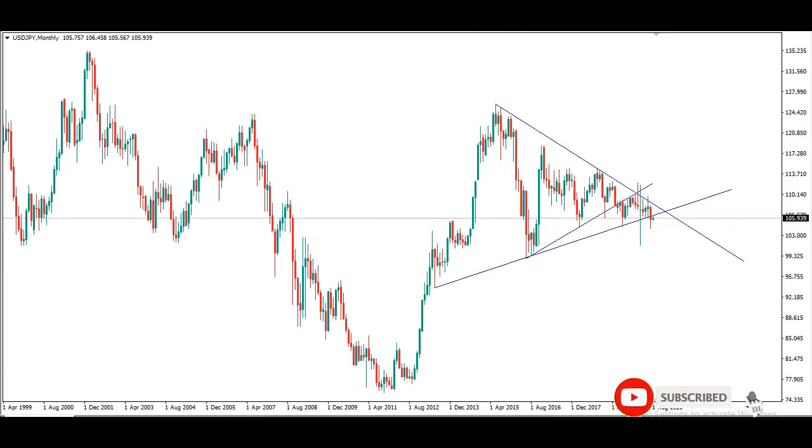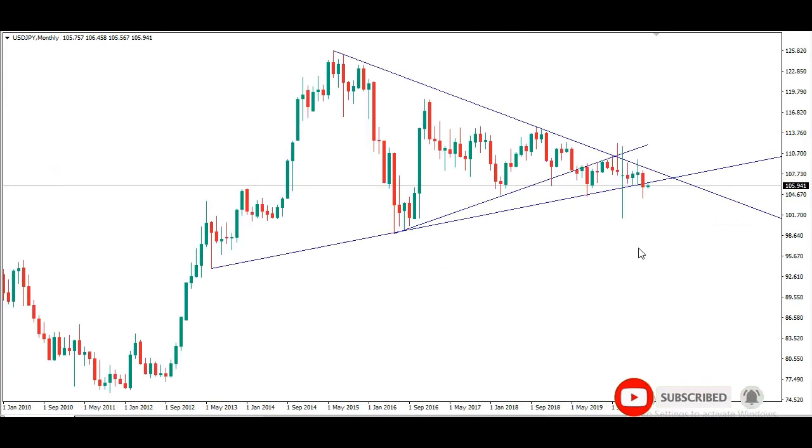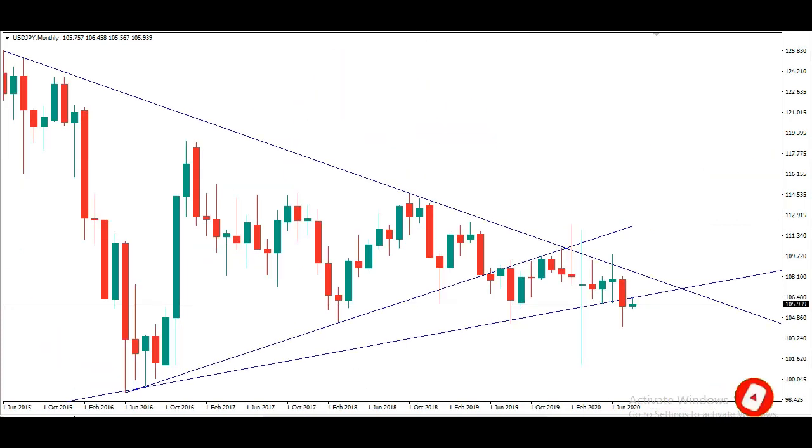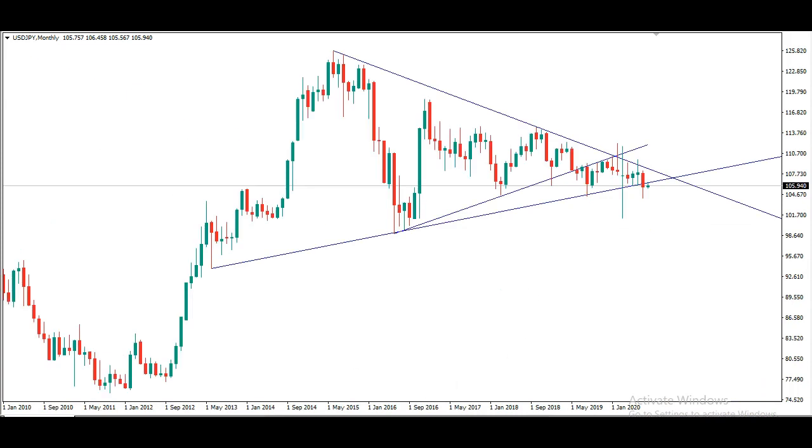So this is the monthly time frame on USDJPY, and what we can see immediately, first of all, is a market that started this triangle around 2013. You can see how it started at this point.